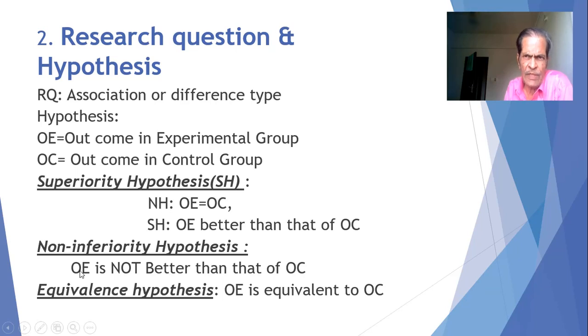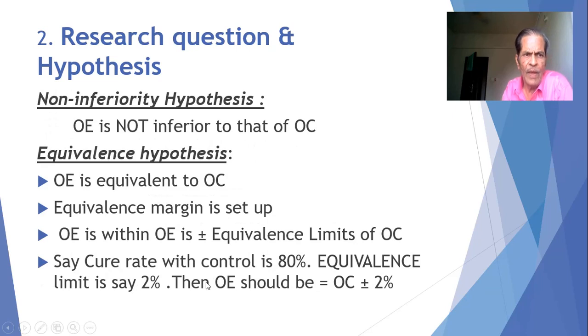If the outcome is mortality, then the non-inferiority hypothesis states that the death rate in the experimental group is not more than the death rate in the control group. So in non-inferiority hypothesis, the outcome is not inferior to the outcome in the control group.